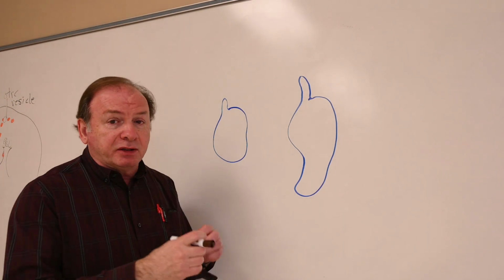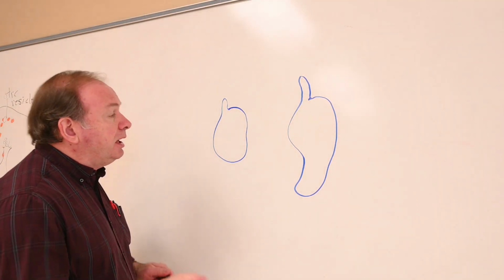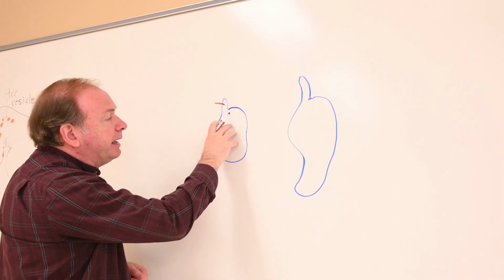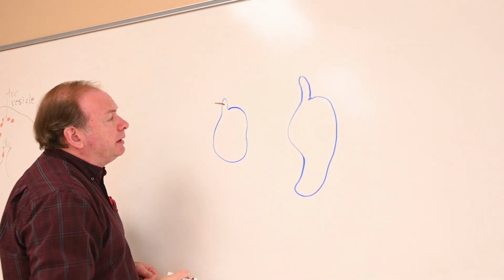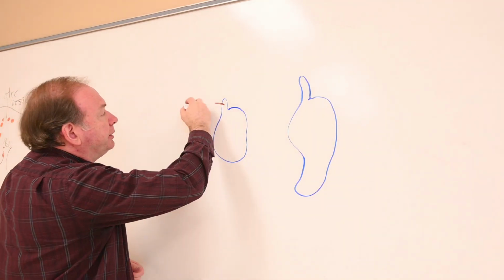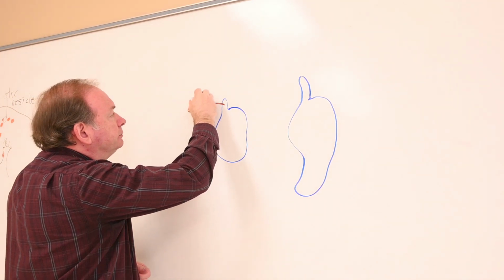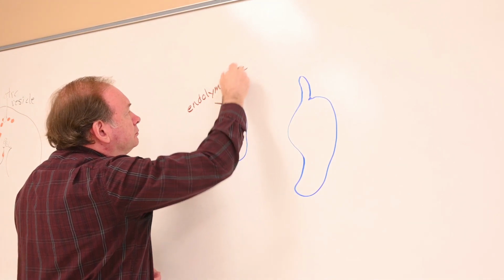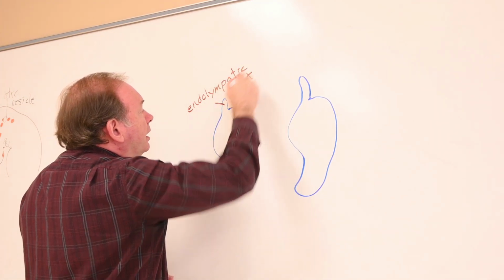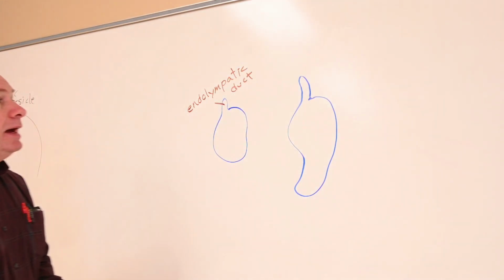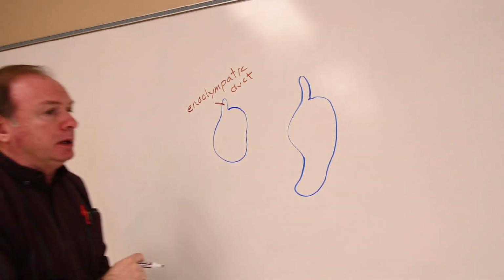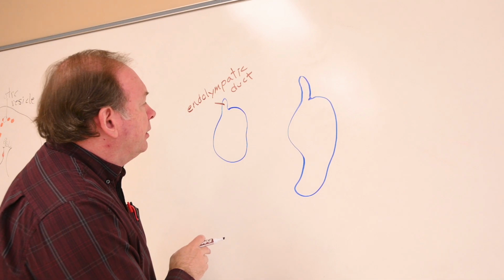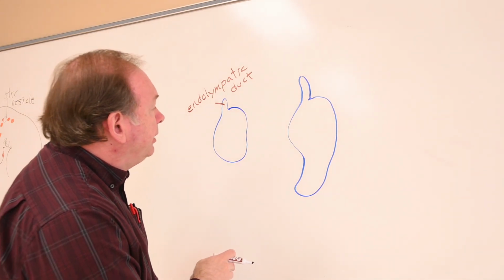Now that otic vesicle, as it begins to grow and change, one of the first things that we'll see come off of that little bubble of the otic vesicle is what's called an endolymphatic duct. Eventually that endolymphatic duct will end up connected to part of the semicircular canals in the way the inner ear develops.